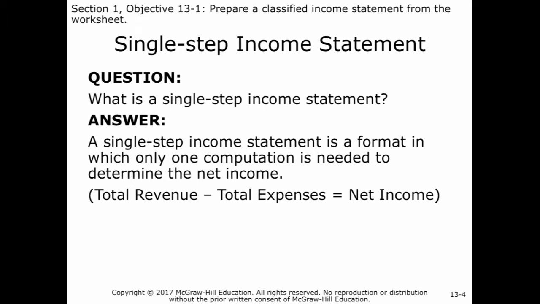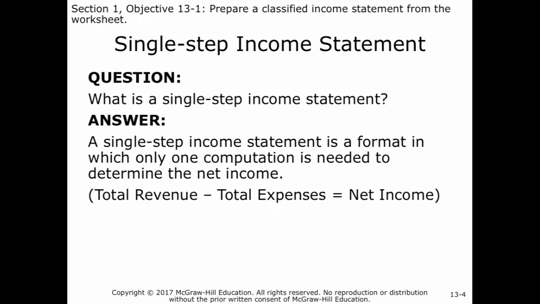You're probably wondering, what is the difference between the normal income statement and the multiple step income statement? Well, the income statement that we have learned in the past is called the single step income statement. And the single step income statement is a format in which only one computation is needed to determine the net income or the net loss.